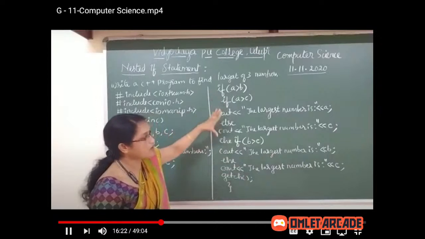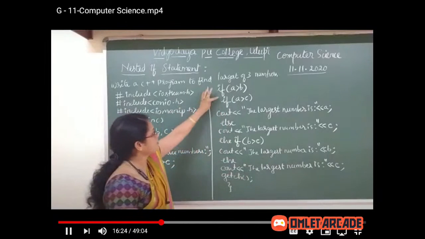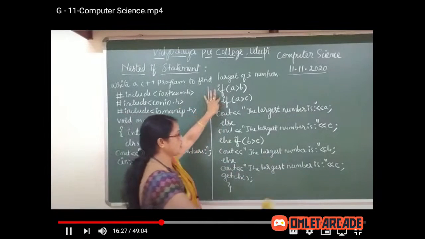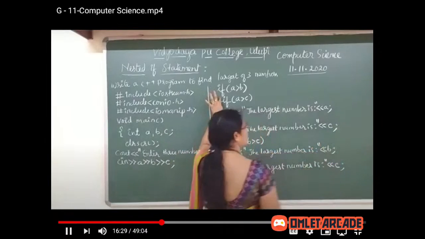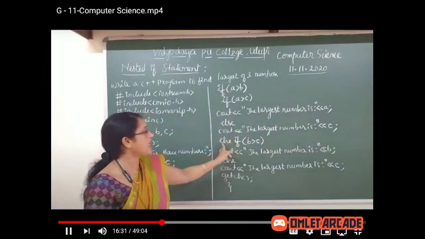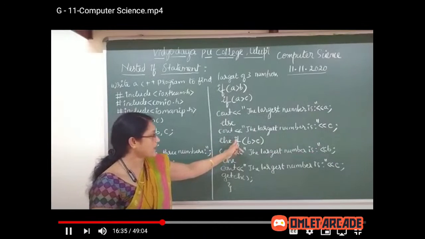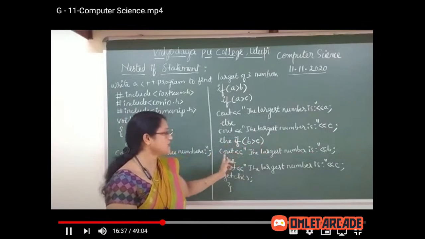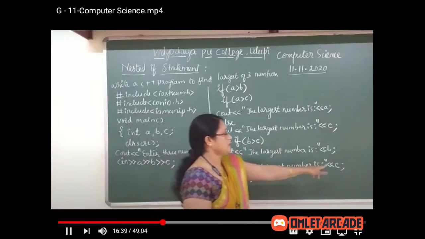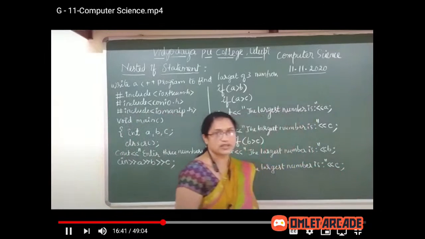See here, if you want to put flower brackets, then one flower bracket here should be closed here. And one more after else: open flower bracket, if b greater than c, then this statement, so that should be closed here.